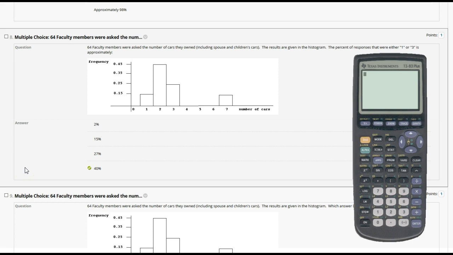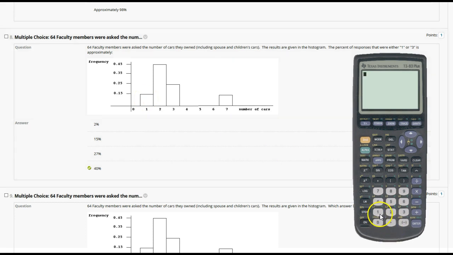Number 8 is similar to number 7. 64 faculty members were asked the number of cars they owned, including spouse and children's cars. The results are given in the histogram. The percent of responses that were either 1 or 3 is approximately what? So if we look at this histogram here, if we look at one car, this 0.15 means 15%.